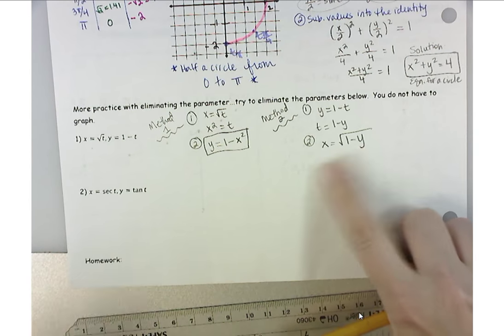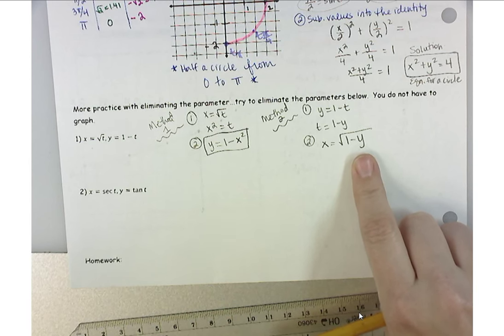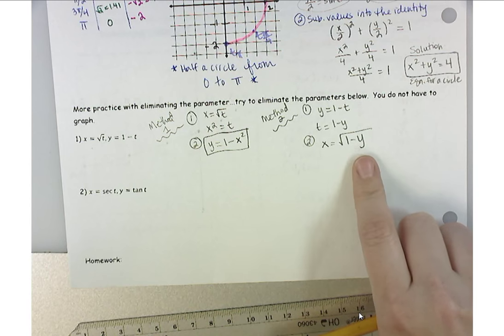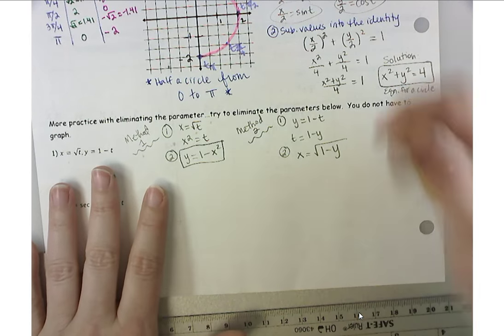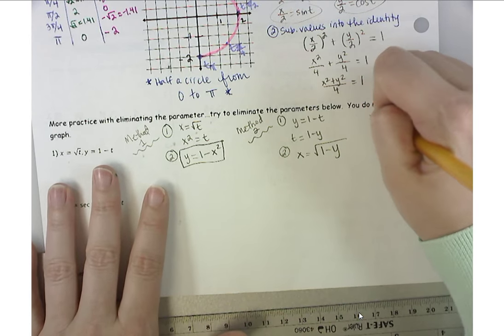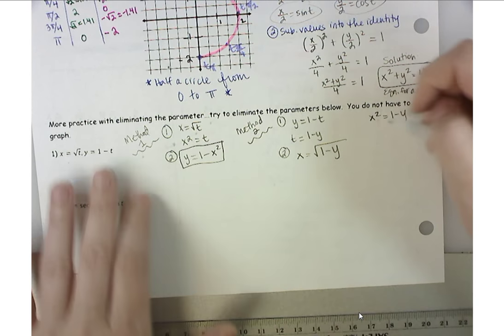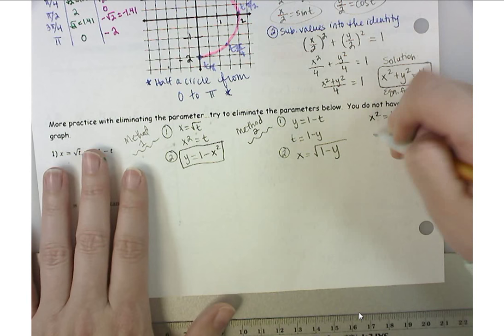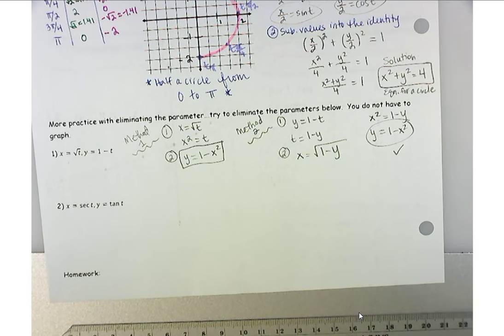So remember, if they're both single, we do want to put it in the form y equals so we can see better what the shape of the graph is going to be. So how can I get y by itself? I can square both sides, right? If I square both sides, I have x squared equals 1 minus y. And then I could add y to the left side, subtract x squared from the right, and then I have the same equation.